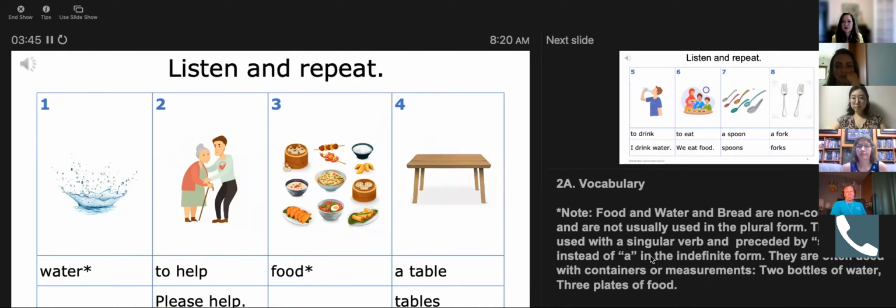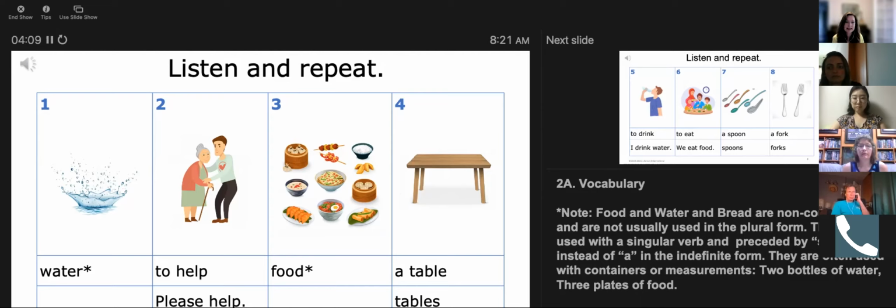Again, if your students don't ask about it, it's fine. This is just additional information for the teachers to understand. At this level, lesson 3, we're just really happy if the students can approximate pronouncing the word water. But just so the teachers know, water is a non-count noun.